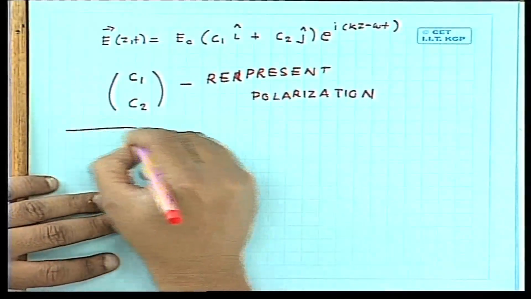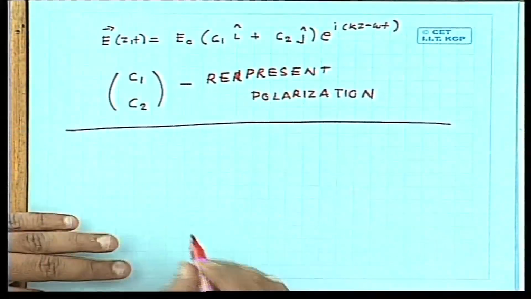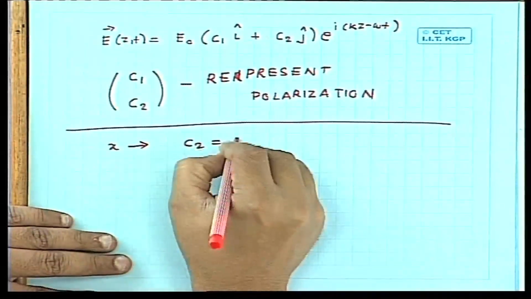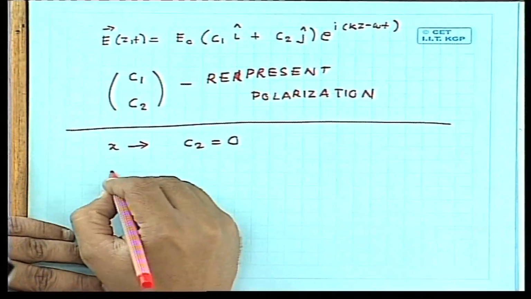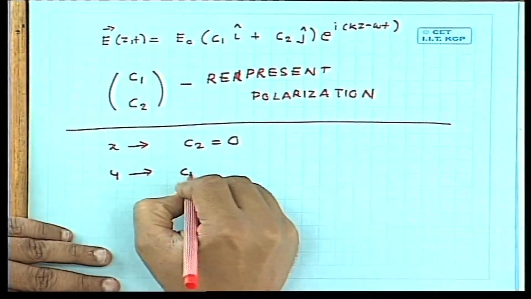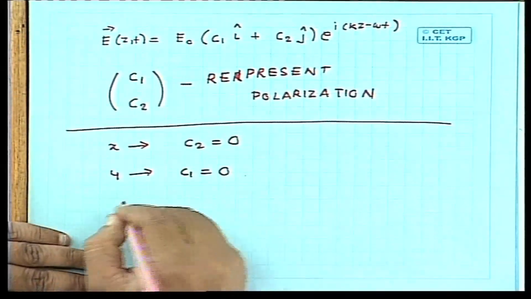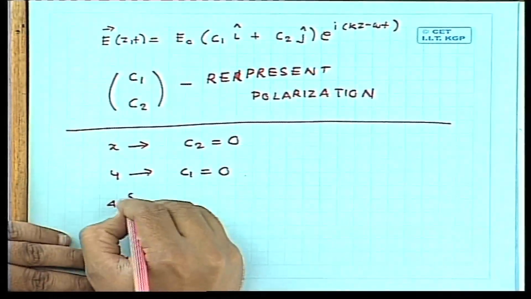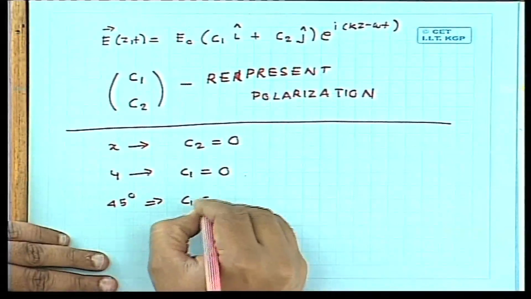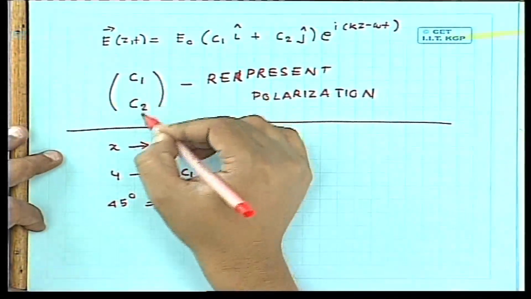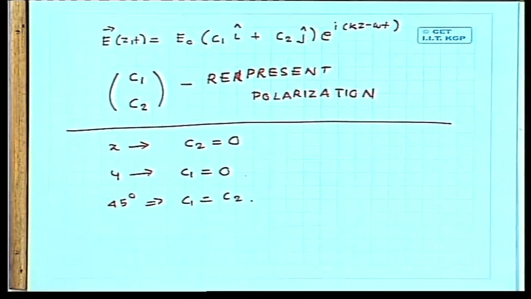So polarization along the x-axis is C2 equal to 0. Y-axis is C1 equal to 0. Polarization at 45 degrees is C1 equal to C2.